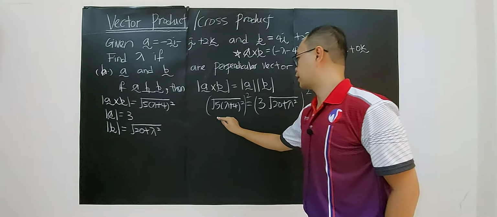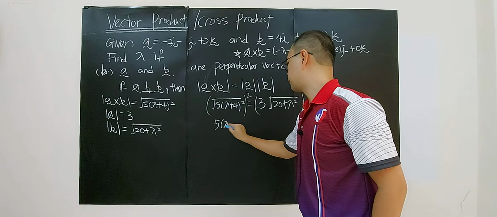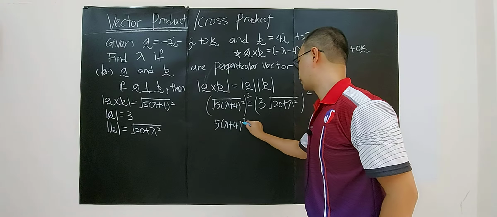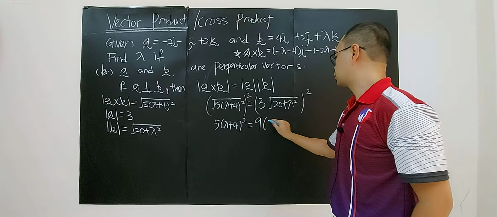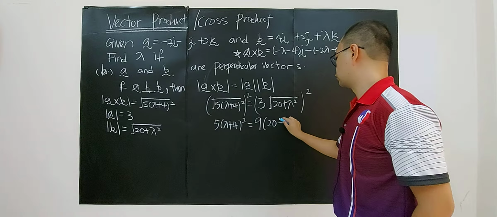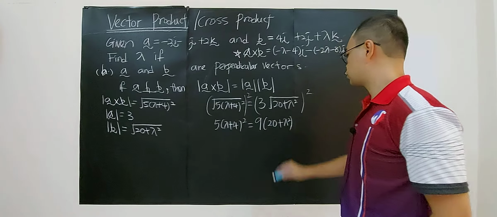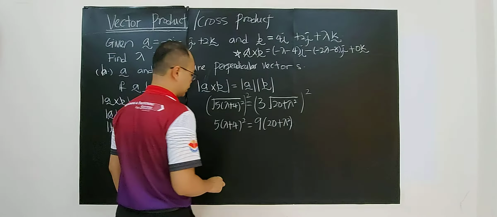So we were getting 5 lambda plus 4 to the power of 2 equals 3 squared, which is 9, times 20 plus lambda squared.